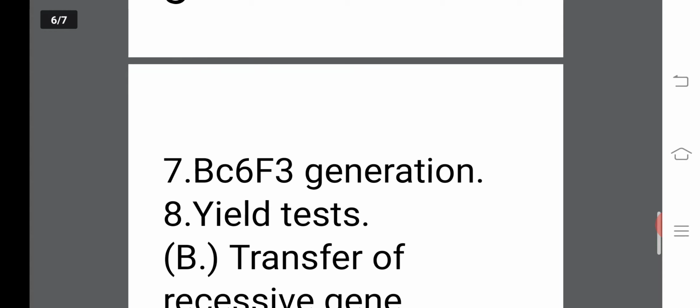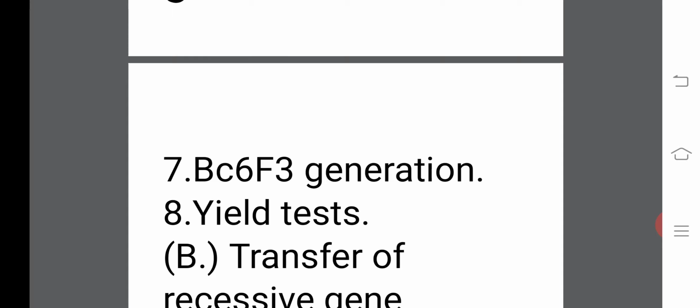In the seventh step, BC6F3 generation, individual plant progeny are grown, and progenies homozygous for the resistance and similar to the plant type of variety A are harvested in bulk. Several similar progenies are usually mixed to constitute the new variety.